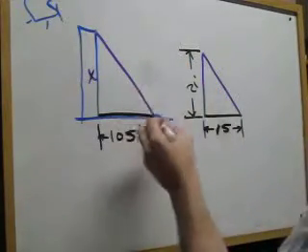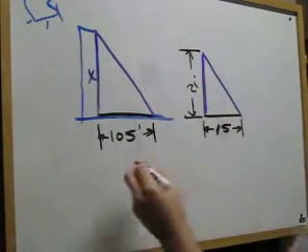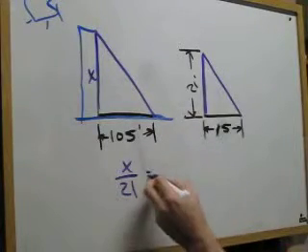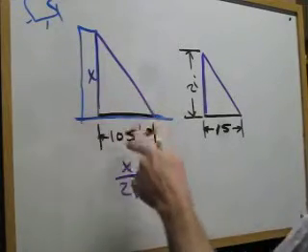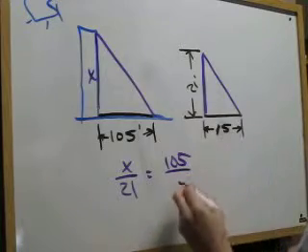Well, I can use ratios. This is related to this, x over 21. And my shadows are related. So I started with an x on top. This left-hand building, I'm going to do my left-hand shadow over my right-hand shadow.